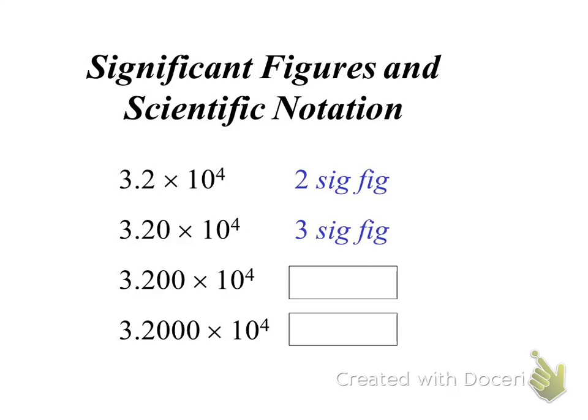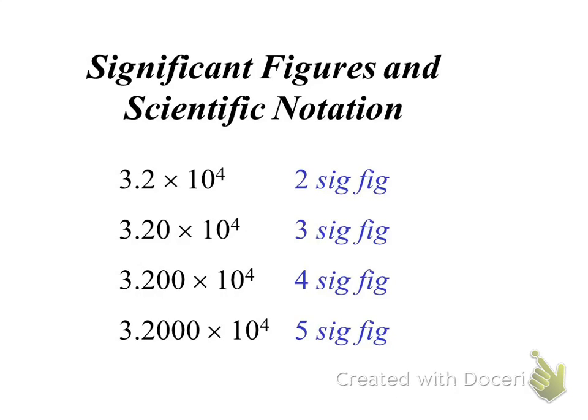Yay, very good. And last one? 5. Yep, you got it. But do you see where these are all the same magnitude of number? They're all the same number, but they're relaying different information with regard to the uncertainty in that measured quantity. They're the same, but they're not.